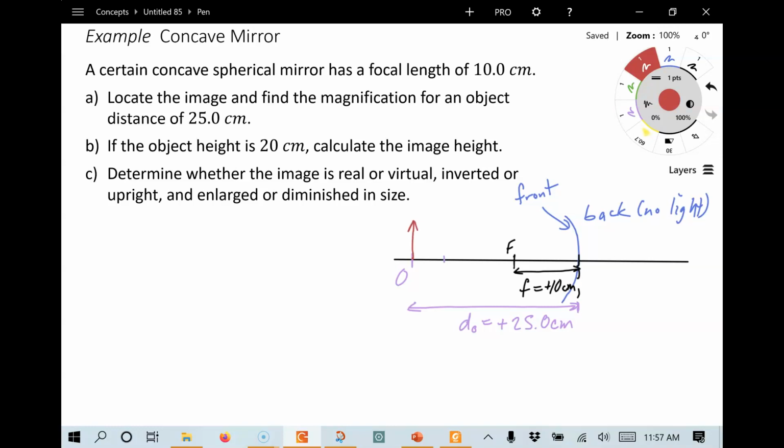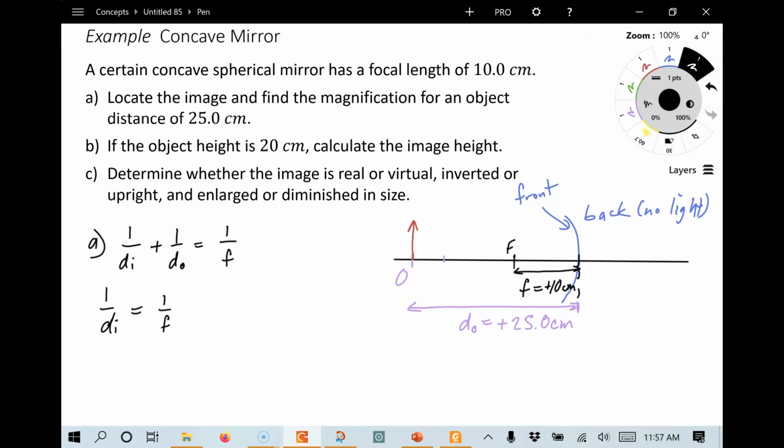And let's see. So part A, we can go ahead and solve this now. Part A, locate the image and find the magnification for an object distance 25 centimeters. Locate the image, that means find DI. So we've got 1 over DI plus 1 over DO equals 1 over F. We're going to try to solve for DI, so let's subtract this over.